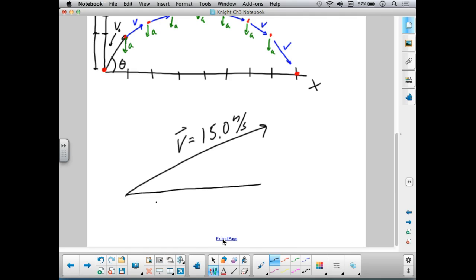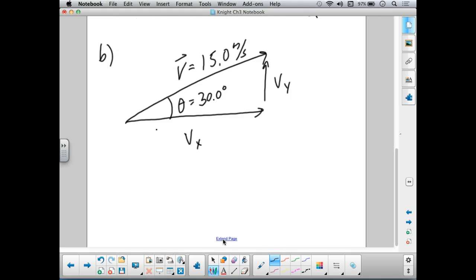In this case, I'm going to call that Vx. And there's also a component that is purely in the vertical direction, and that's going to be called Vy. If I set up a triangle, I know that this angle is 30.0 degrees, because I've launched my projectile at an incline. I can set up some trigonometric relations.